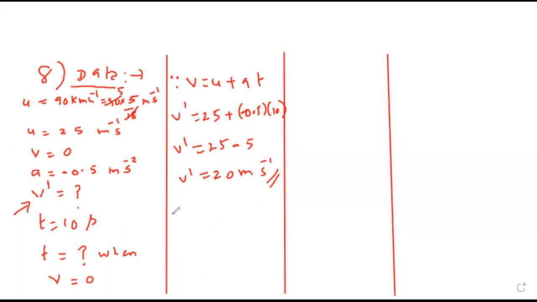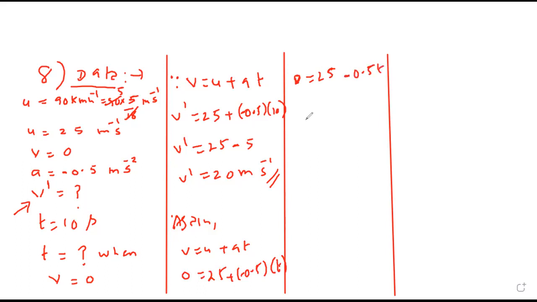Now time when velocity is 0. Again v is u plus at. So 0 is 25 plus minus 0.5 into time you want. So therefore 0 is 25 minus 0.5 t.